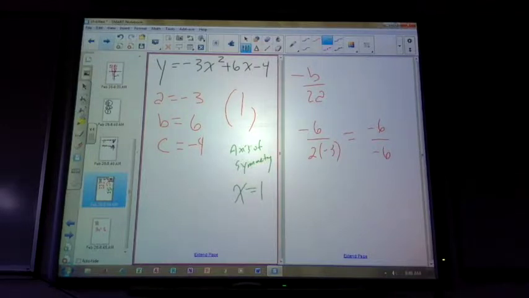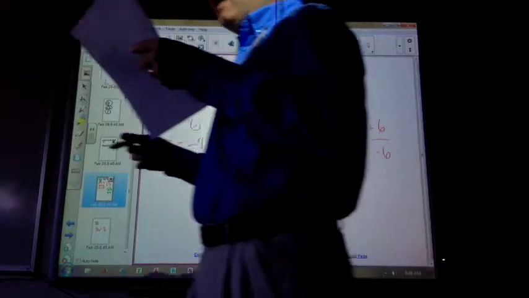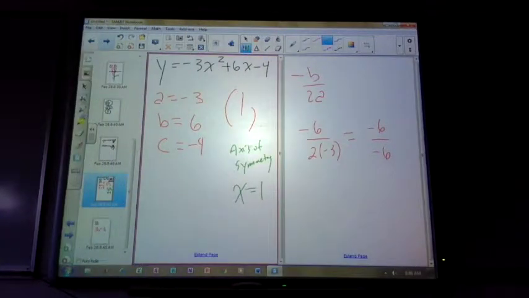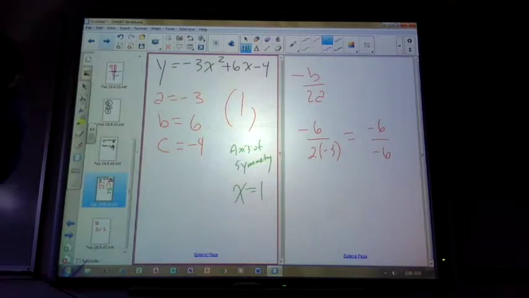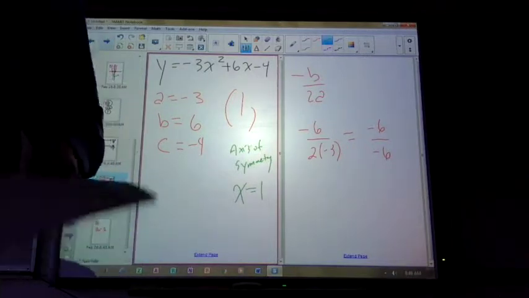Okay. So the axis of symmetry, x equals 1, is a vertical line. That's the other blank. Okay. All right. So graph the above. Make a table of 4 more values. If the graph factors out, then find the roots. Okay.